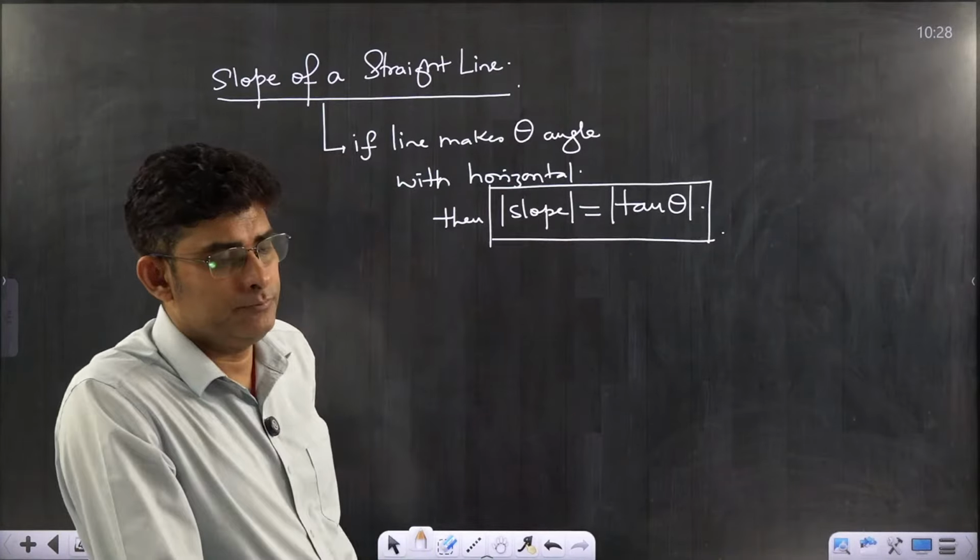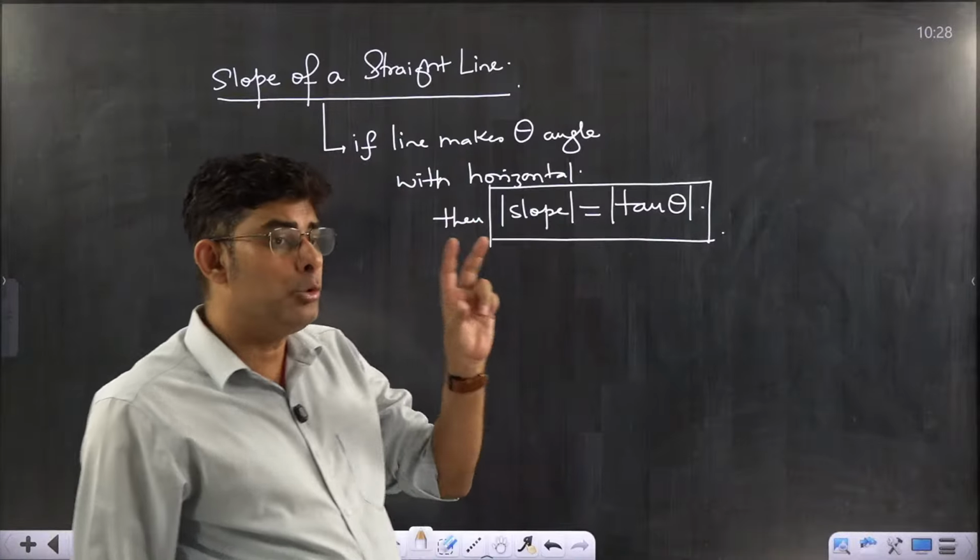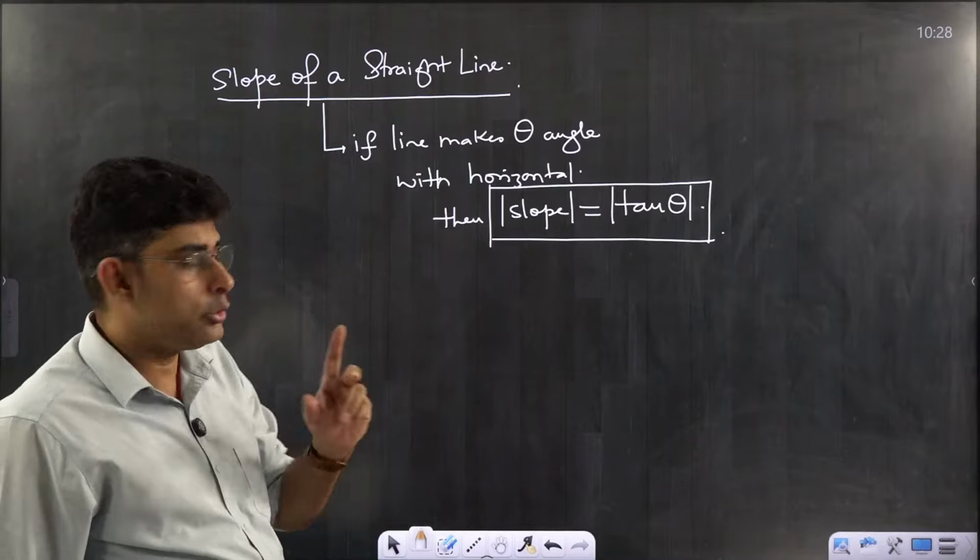Now, in coordinate geometry, when you are marking 2 points, you should know in graphs whether the slope will be positive or negative.